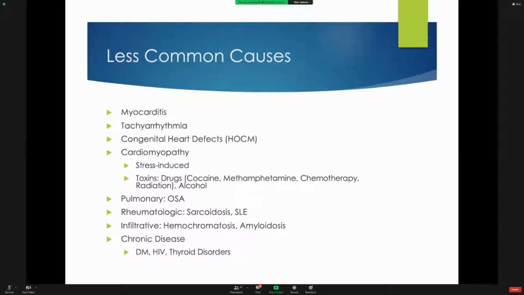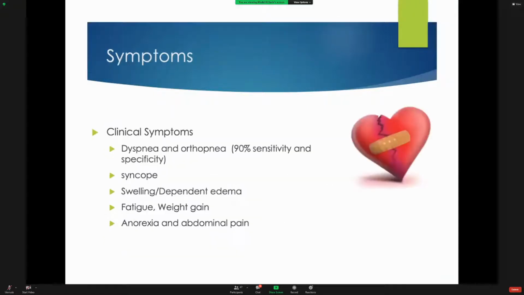Less common causes are myocarditis, tachyarrhythmia, hypertrophic cardiomyopathy, stress-induced cardiomyopathy, cocaine, chemotherapy, obstructive sleep apnea, rheumatological disease, infiltrative diseases like hemochromatosis and amyloidosis, and some chronic diseases like diabetes, HIV, and thyroid disease. Hypo- or hyperthyroidism can cause heart failure.